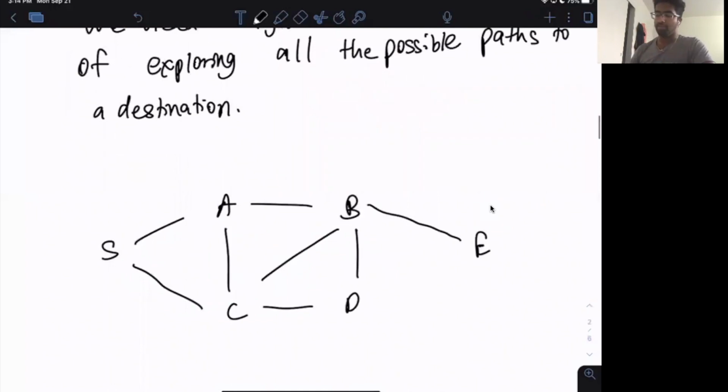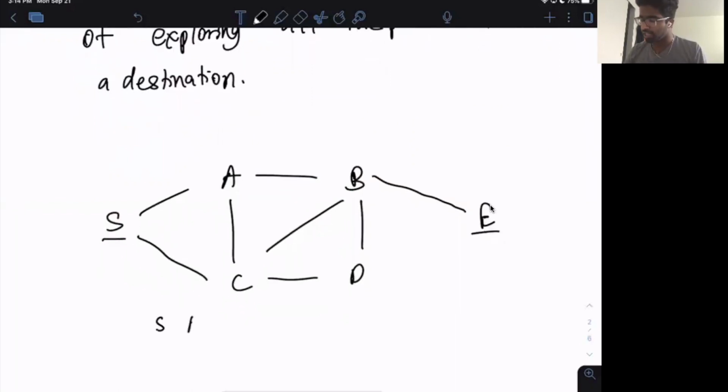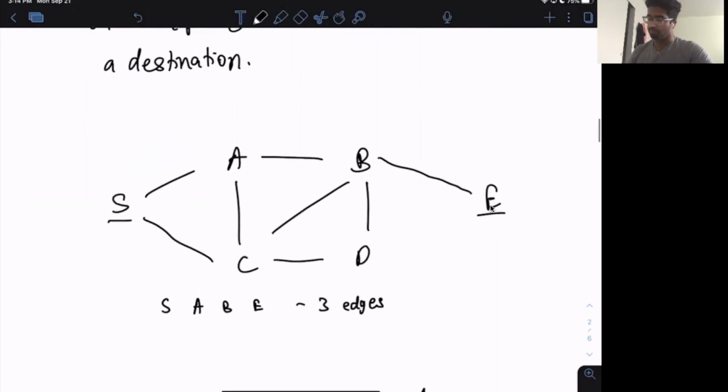So if we have this example graph and we want to get from node S to node E, one possible path could be S to A to B to E, which is going through 3 edges, right? We could also go from S to A to C to D to B to E, which goes through 5 edges.